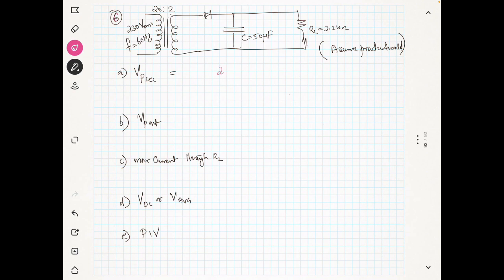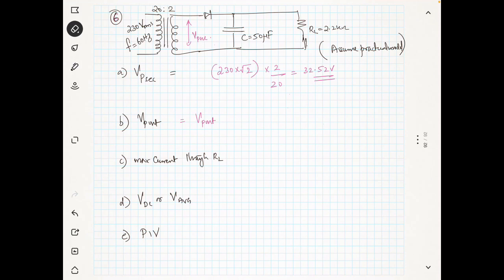The peak value will be 230 multiplied by square root of 2. Now you can find VP secondary, the peak value at the secondary, by multiplying with the turns ratio 2/20. If you multiply with the turns ratio, I think you will get it as 32.52 volt.